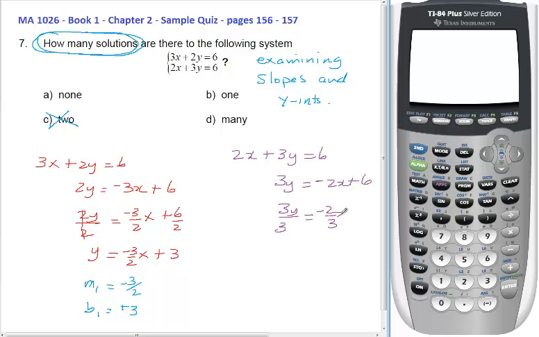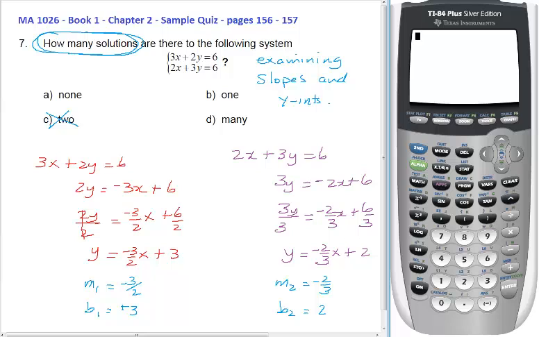Repeating the same process, we get y equals -2 over 3 x plus 2. Now, what's the second slope? The slope is the coefficient right there, so we'll call it m2, which is -2/3. What's the second y-intercept? There it is right there. We'll call it b2. It's equal to plus 2.